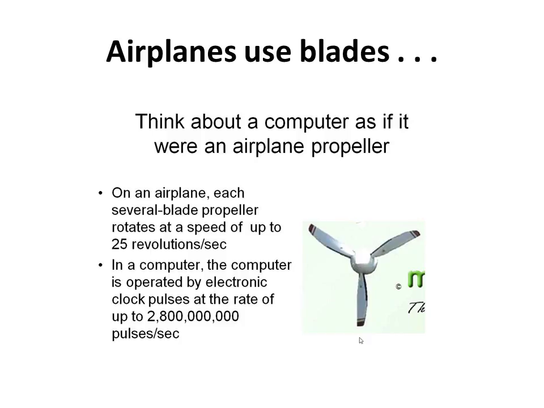Now, these propellers are mechanical devices, and they do not turn around very quickly. So typical speed is 25 full revolutions per second. This slow rate of revolution can be contrasted with that of a computer, which has and uses clock pulses at the rate of 2,800,000 or triple, quadruple that number of pulses per second.